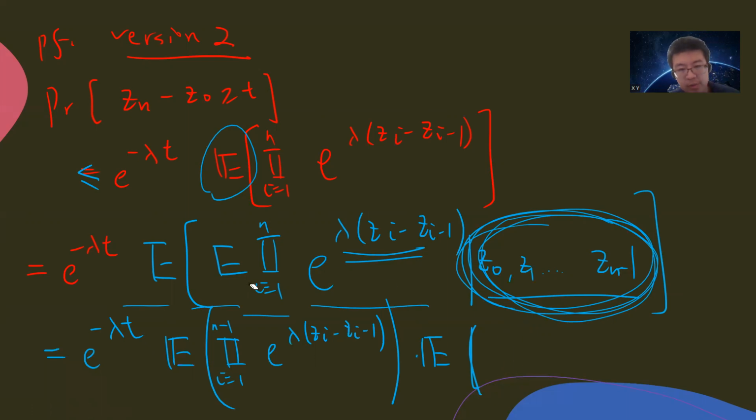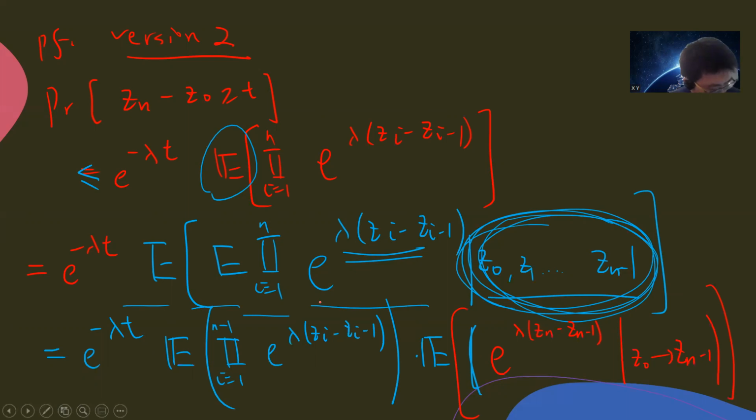I take out the first previous one, so the remaining one is exponential lambda (z_n minus z_{n-1}), because these still remain, conditioned on z0 up to z_{n-1}.